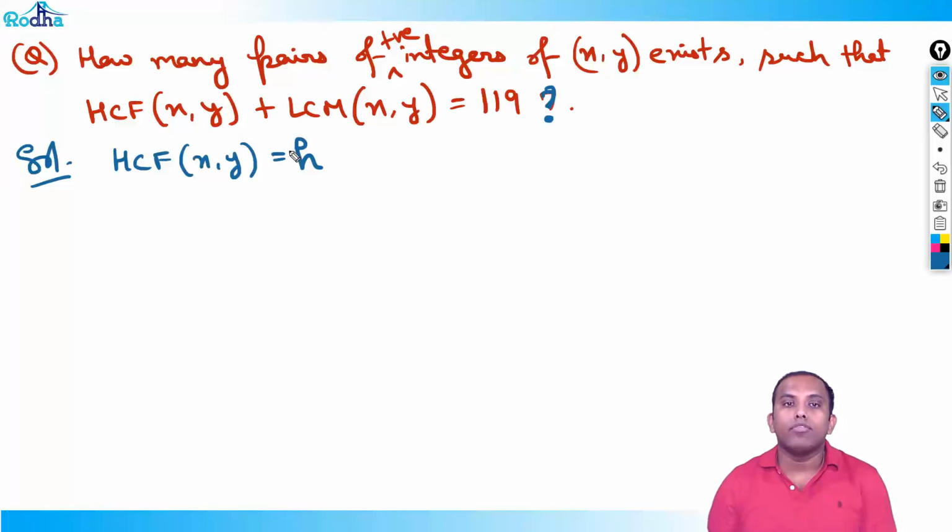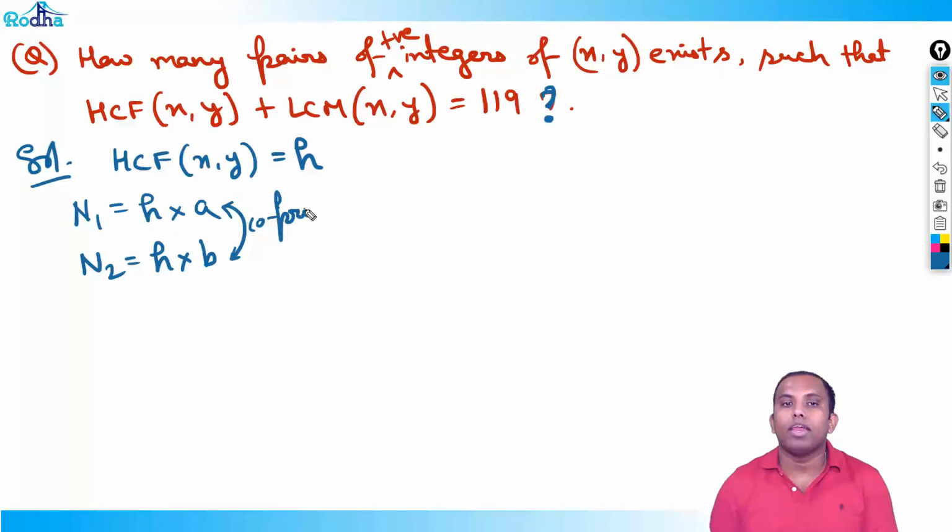Now, if HCF is h, the numbers can be written as n1 equal to h into a, and n2 equal to h into b, where a and b have to be co-prime. So h into a and h into b are the numbers.